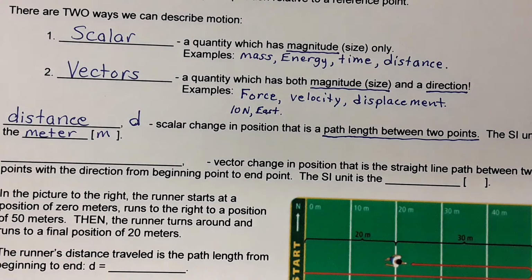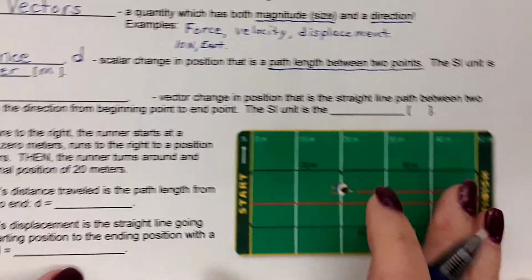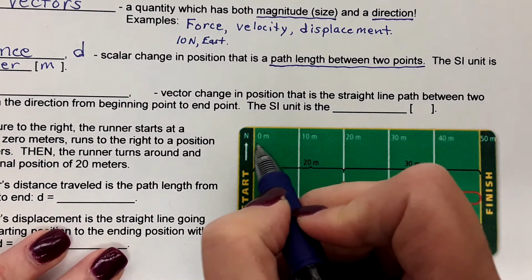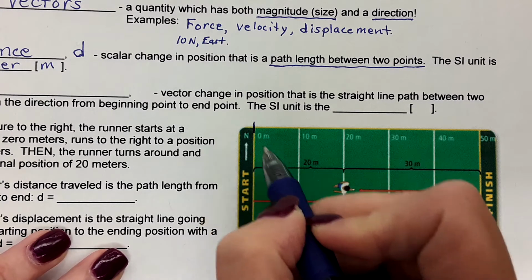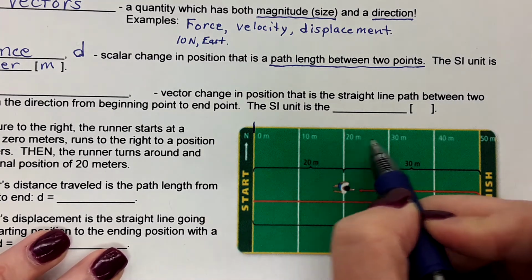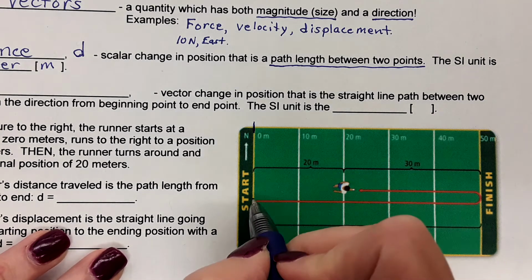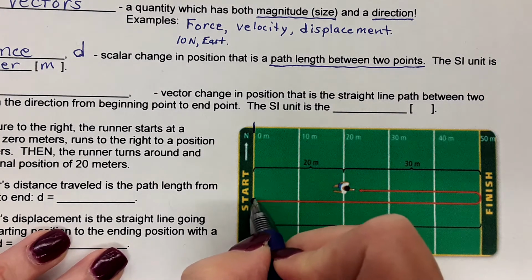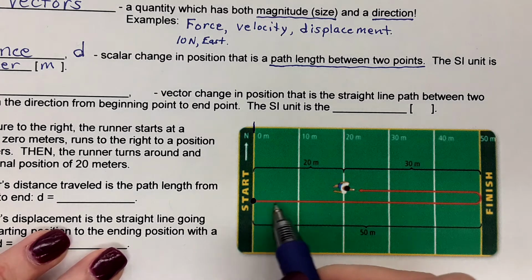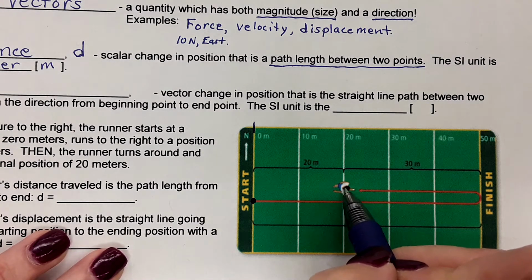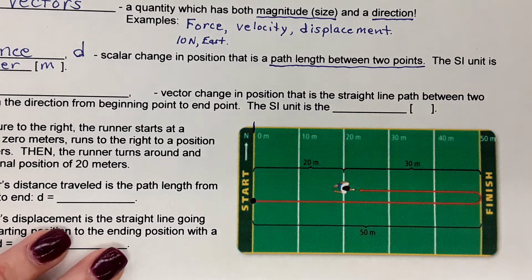Okay? So, for example, look down here at this runner on this field. Here is the zero or goal line. And then you've got 10 meters, 20 meters, 30 meters, 40 meters, 50 meters. The person starts at 0 meters. He travels down the field, turns around and comes back and ends up right here at 20 meters. So what is the distance traveled by the runner?